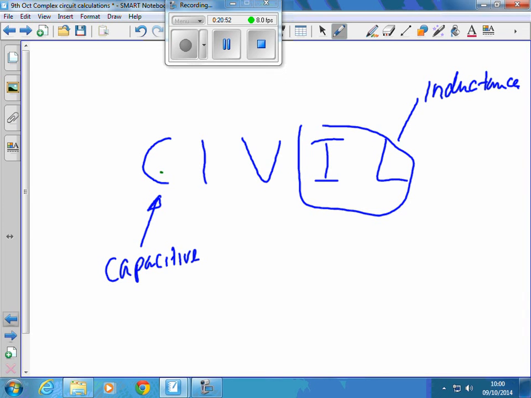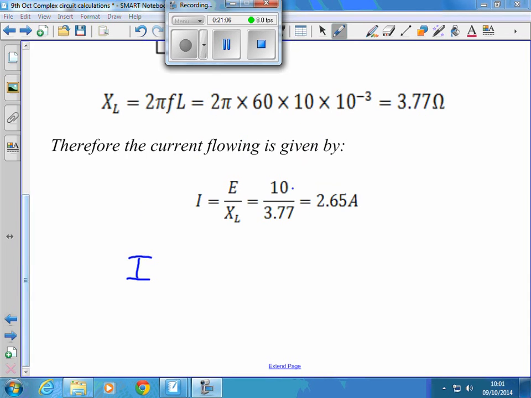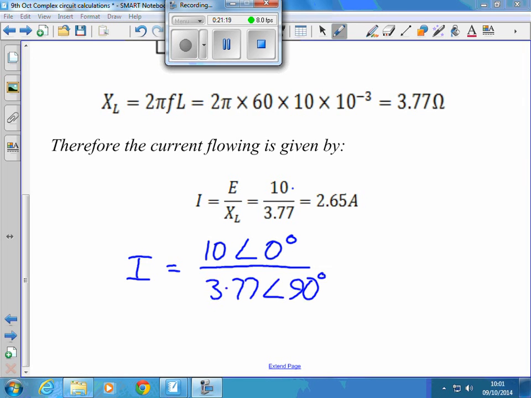Make sure that your circuit fits and is complying with this when you're finished, because if you make a mistake with one of your angles, you could be out. If we use the complex arithmetic, we do 10 angle 0 degrees divided by 3.77 angle 90 degrees, because the inductor XL has got an angle of 90 degrees associated with it.